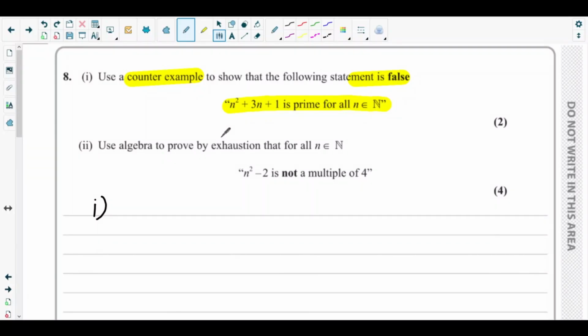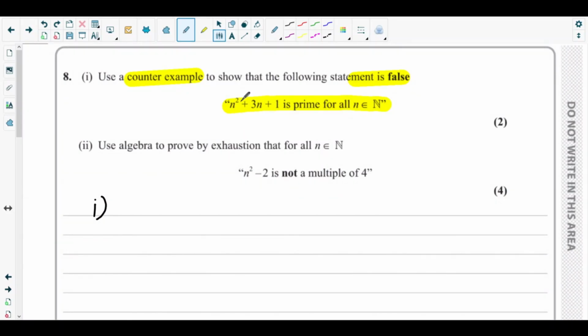At first, let's try n equals 1. So 1 plus 3 plus 1, which is 5. 5 is a prime number, so reject this one. For n equals 2, 2 squared is 4, plus 3 times 2, which is 6, so 4 plus 6 is 10, plus 1 is 11. 11 is a prime number, so reject.